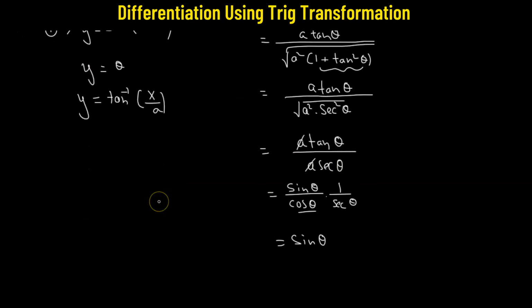Our goal is to find the derivative of y, so we take the derivative with respect to x on both sides to get the derivative with respect to x of tangent inverse of x over a.